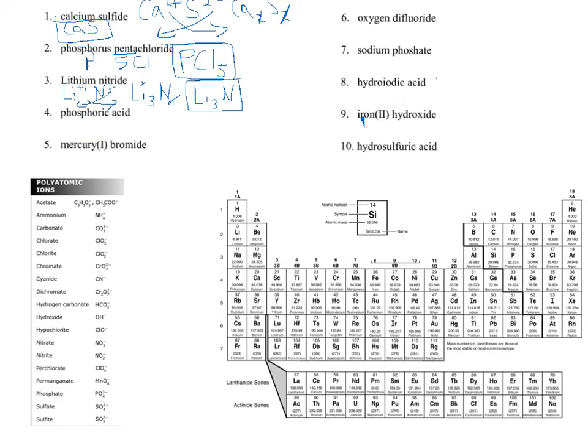Also, this ic ending here tells us that this came from phosphate. So ate goes to ic. So all we have to do is come down here to our polyatomic list and find phosphate. Okay, and here's phosphate right here. So we know that this has PO4 3-.